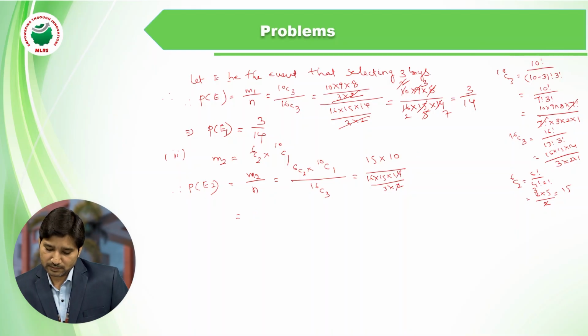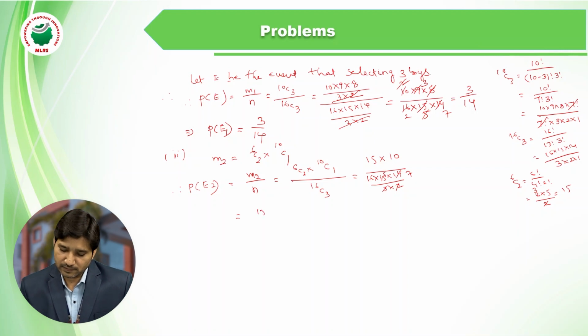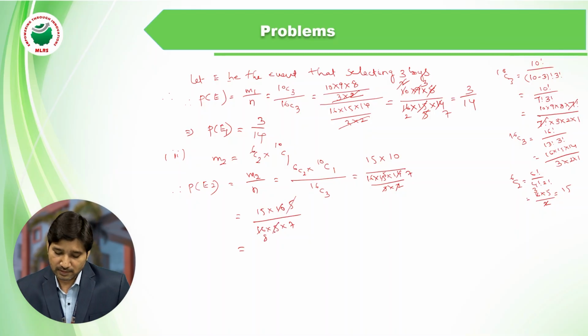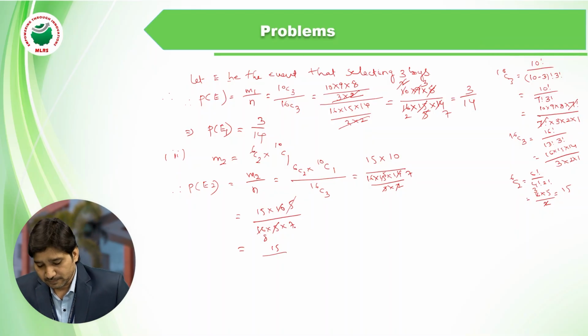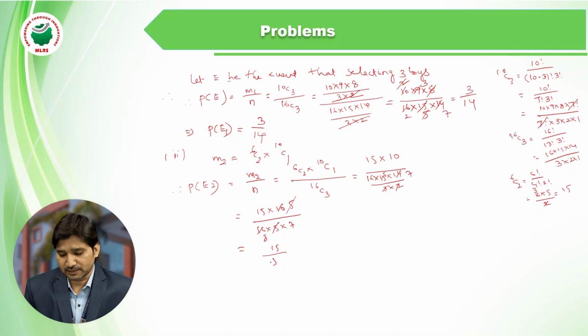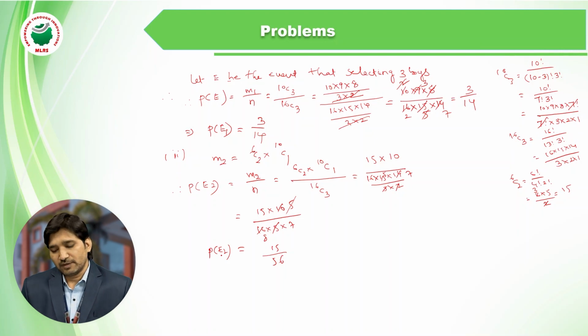Therefore 15 into 10 divided by 16 into 5 into 7. Now simplifying, finally 15 by 56 is the answer. That is P of E2. The probability is 15 by 56.